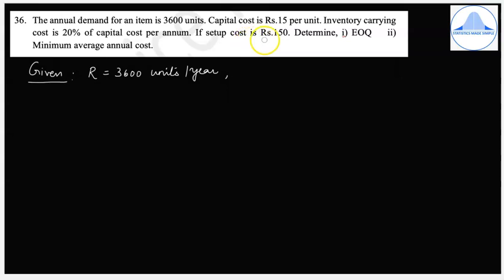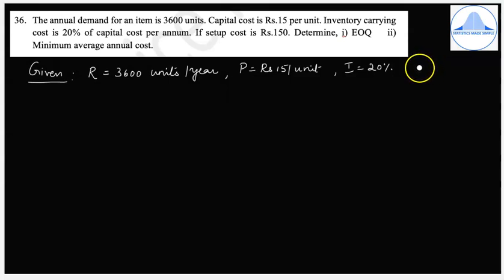Capital cost is rupees 15 per unit. So capital P is equal to rupees 15 per unit. Inventory carrying cost is 20%. So that is capital I is equal to 20%.